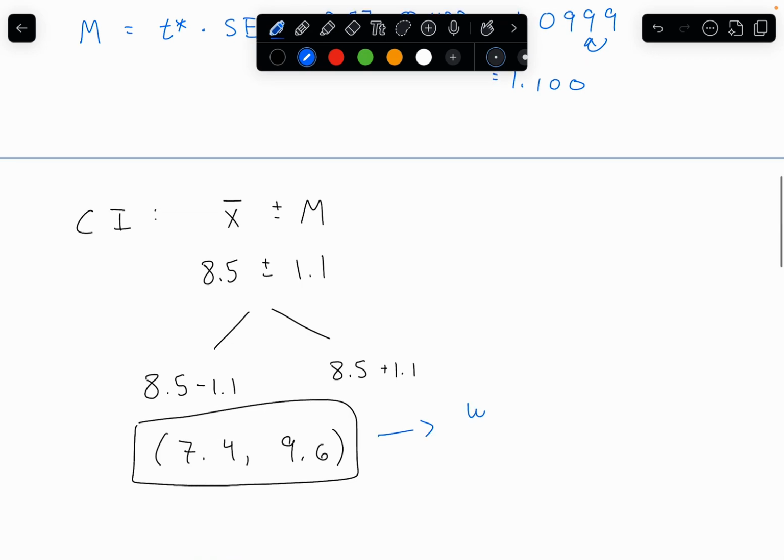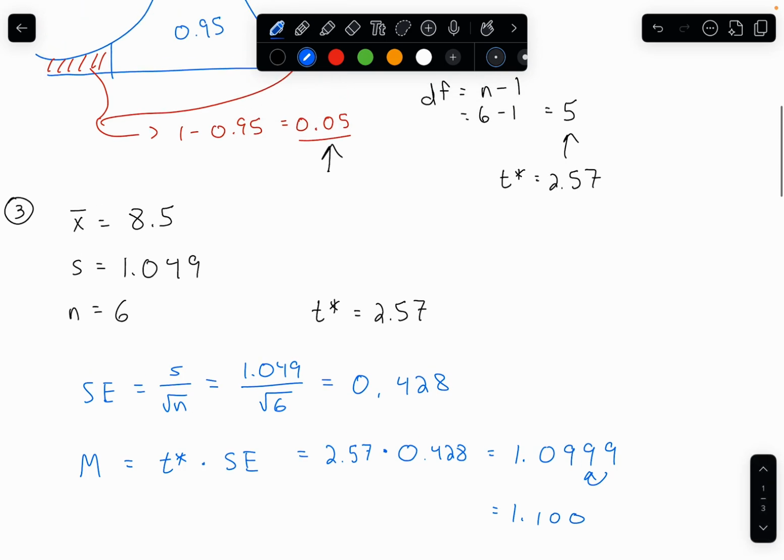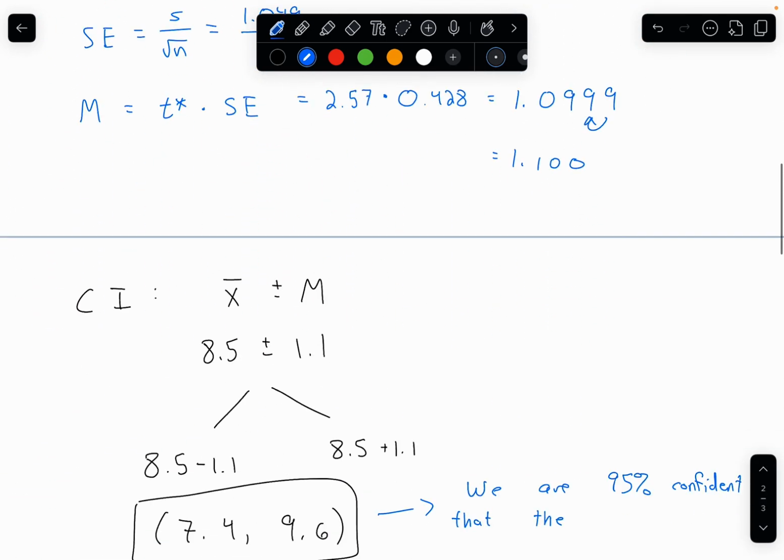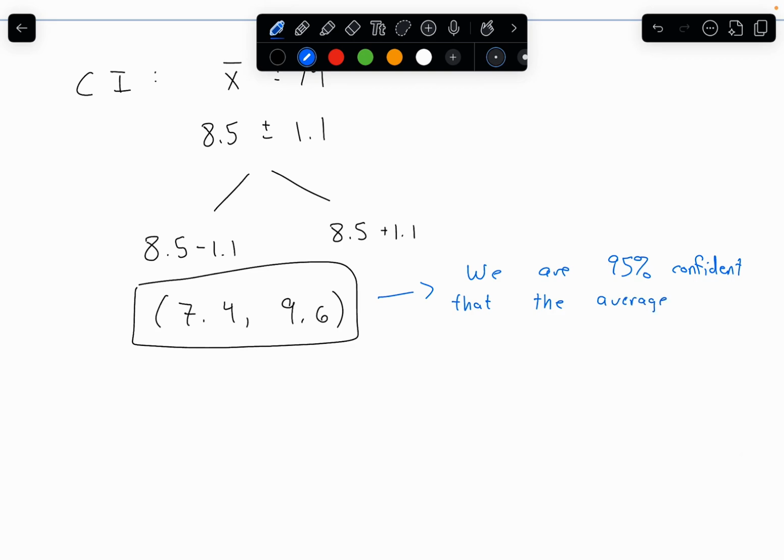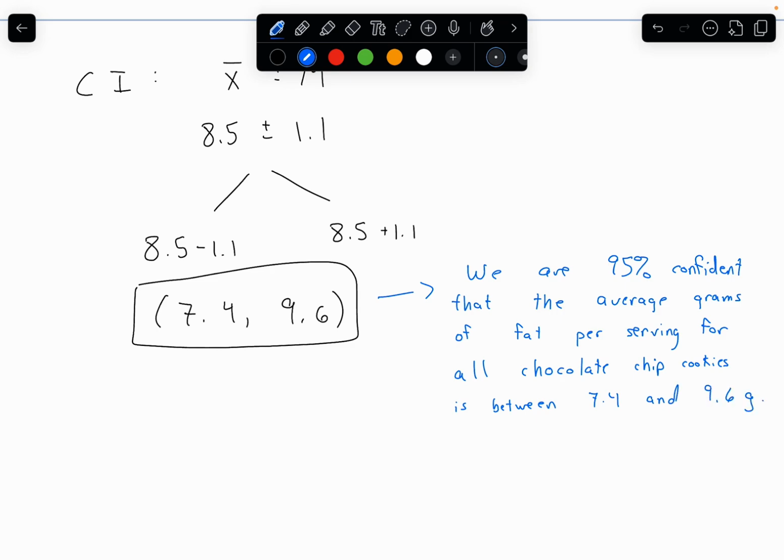So this piece right here says, we are 95% confident that the average grams of fat per serving for all chocolate chip cookies is between 7.4 and 9.6 grams.